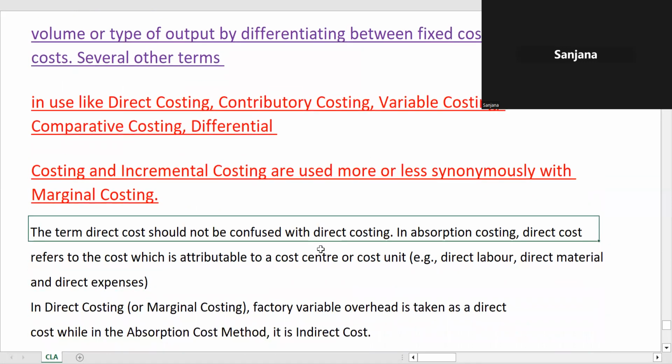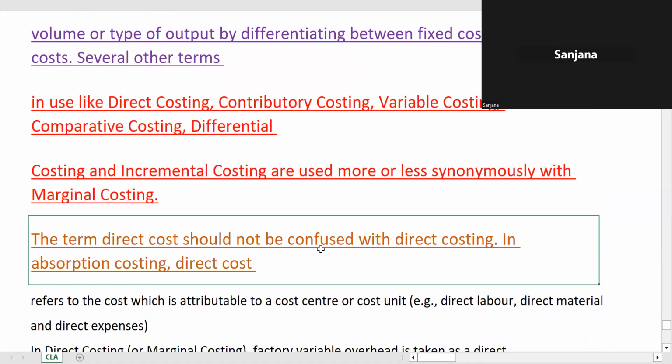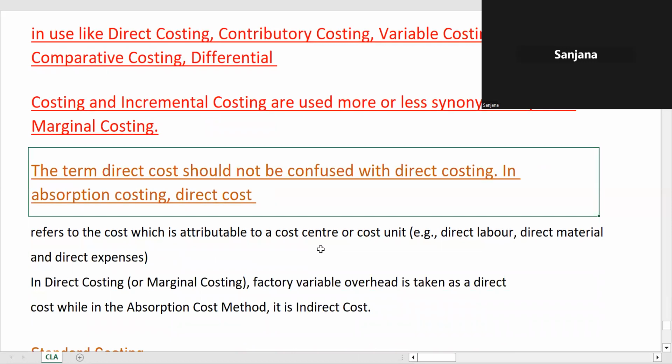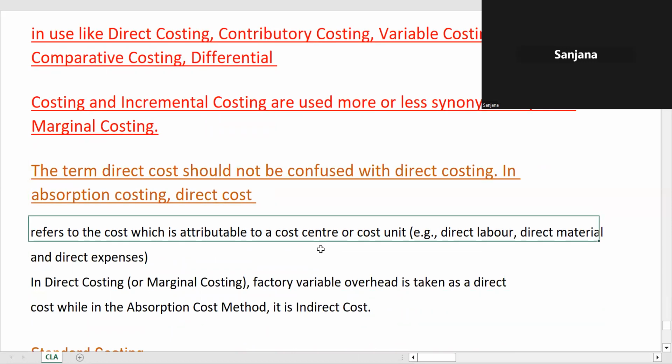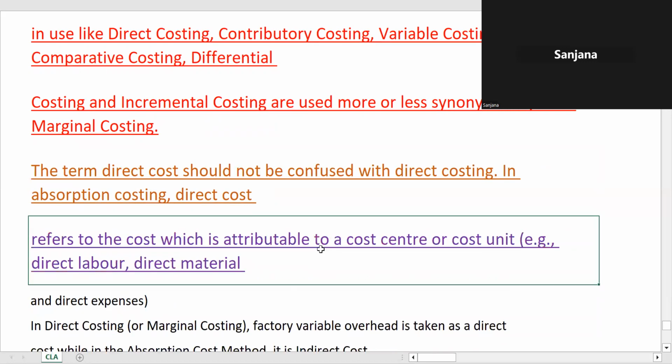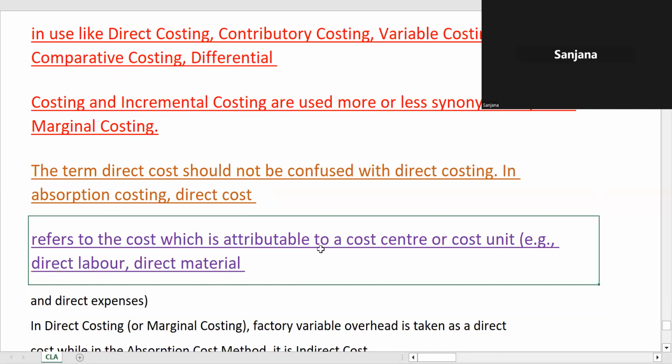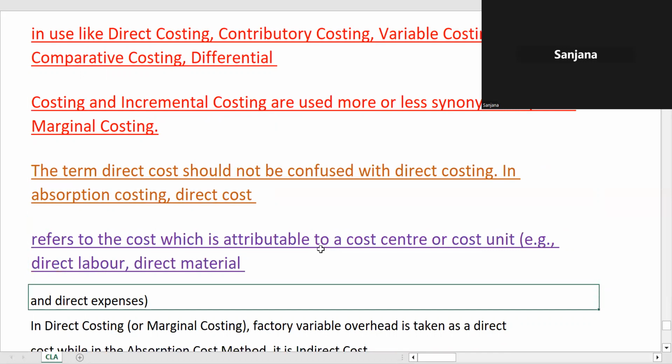So direct cost and direct costing are different. Direct cost is basically your prime cost, called direct cost in absorption costing. So prime cost is direct cost, whereas direct costing is marginal costing. Direct cost refers to a cost which is attributable to a cost center or cost unit.